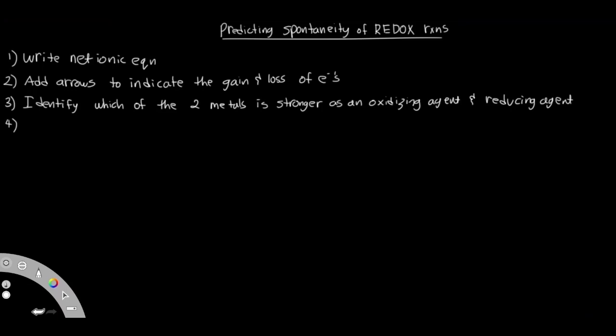Number 4, if the stronger reducing agent has gained electrons, I'll just put here RED for reducing, okay? If the stronger reducing agent has gained electrons, the process doesn't react spontaneously.